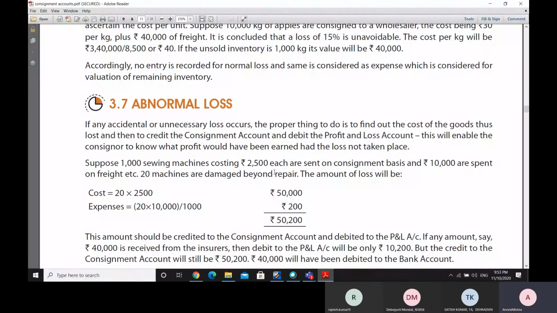Now let us say that some abnormal loss happens. Supposing there is an accident or an unnecessary loss which normally doesn't happen, then the proper thing to do is to find out the cost of the goods which have been thus lost.